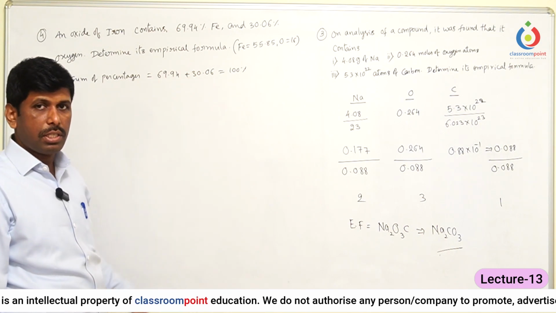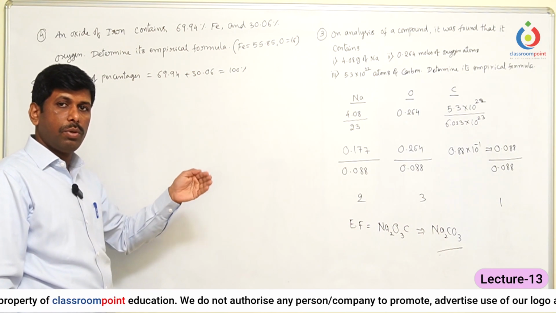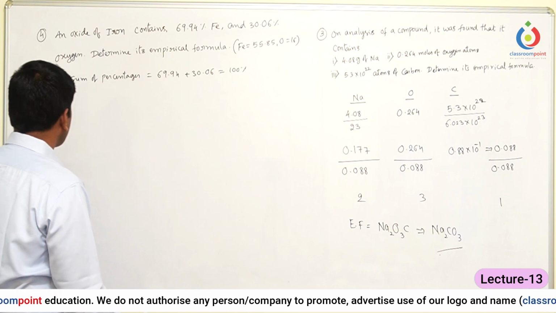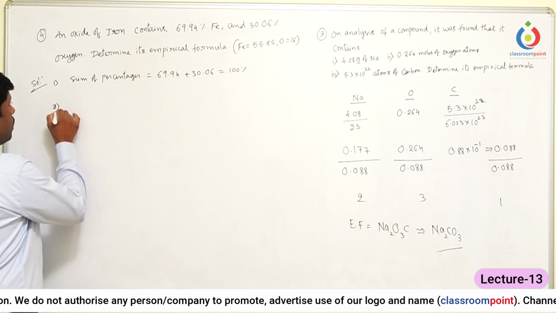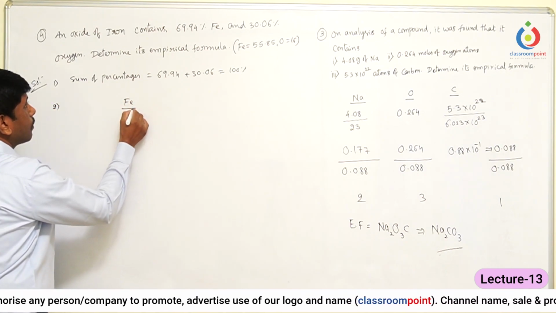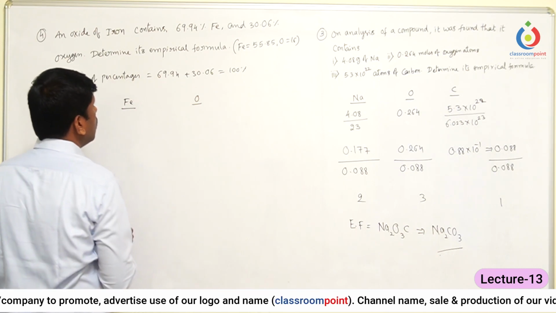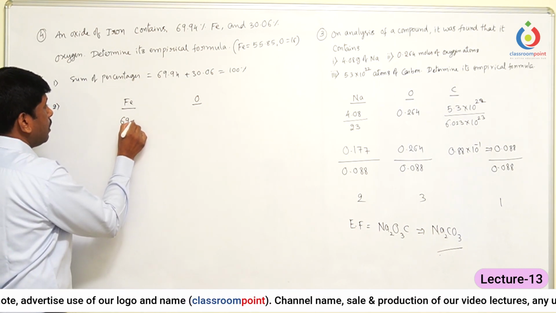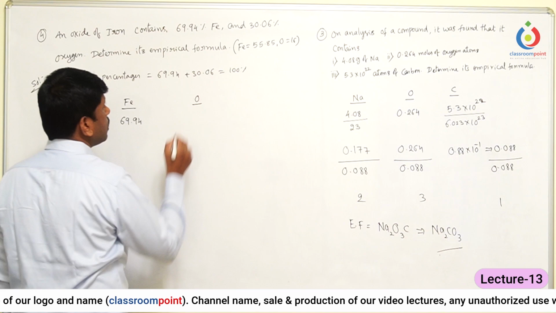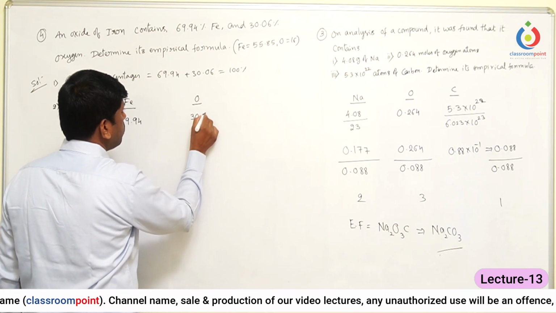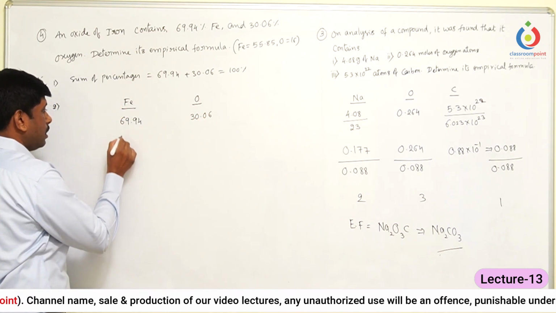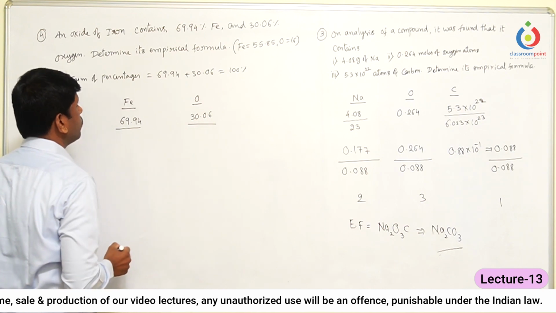Why? Because oxygen is already given. The first two steps help only to find the oxygen percentage. In the second step, take the iron and oxygen. Iron is given as 69.94, whereas oxygen is given as 30.06%, their respective masses also.